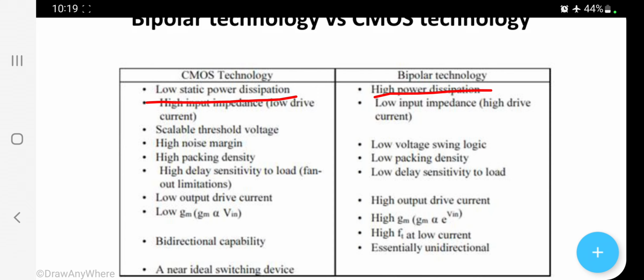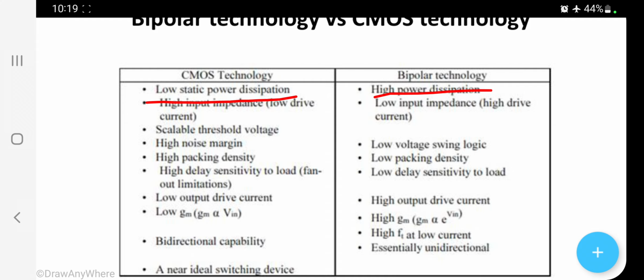We'll see in detail when we see the circuit, then we understand the low static power dissipation. Static means when we apply the DC inputs, there is static power dissipation.